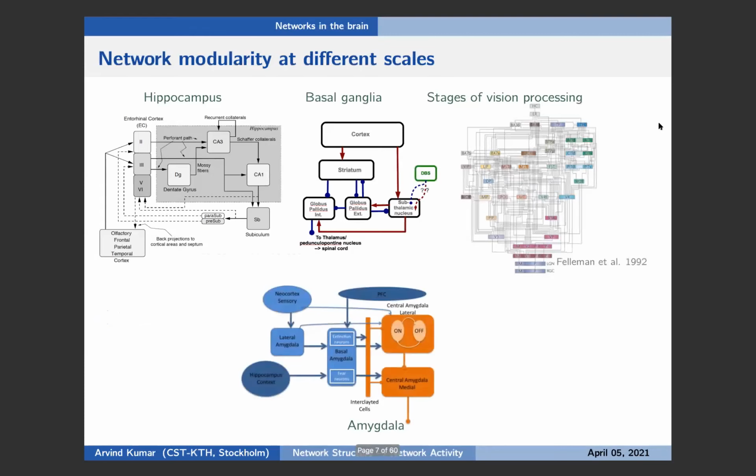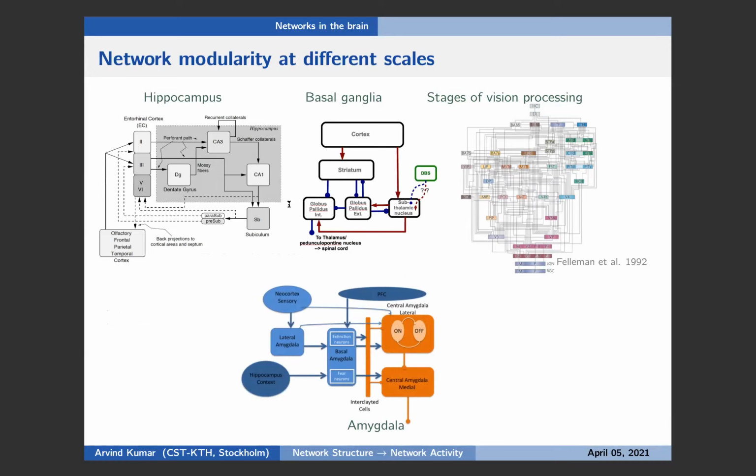So when we look at a gross scale, there are certain brain regions where there are anatomical landmarks to identify subregions that are connected to other subregions. In hippocampus, basal ganglia, and amygdala, we can clearly identify different subregions. And this kind of gives an impression that these structures are organized as a network of networks.